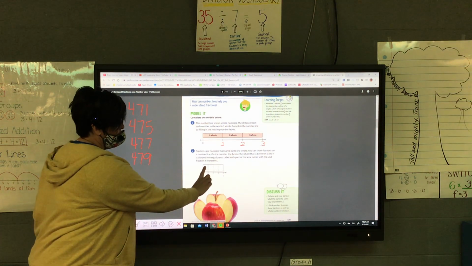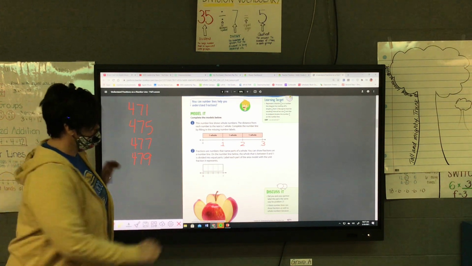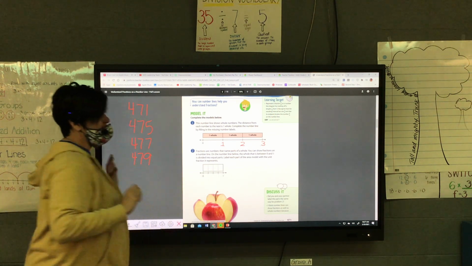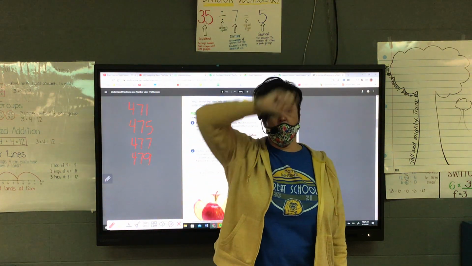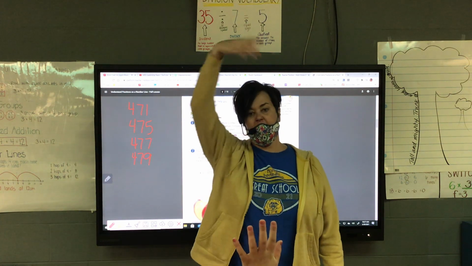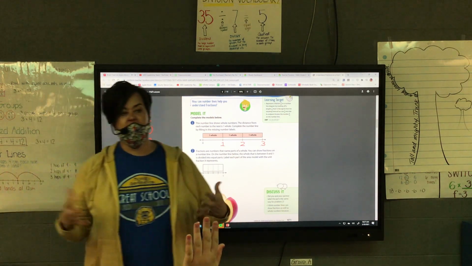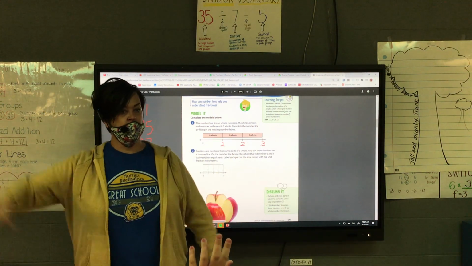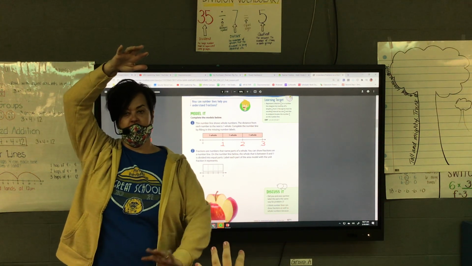Let's count. 1, 2, 3, 4. So is that 4 our numerator or our denominator? The top number or the bottom number tells us how many equal parts are in the whole thing. Numerator, top number, denominator, bottom number.